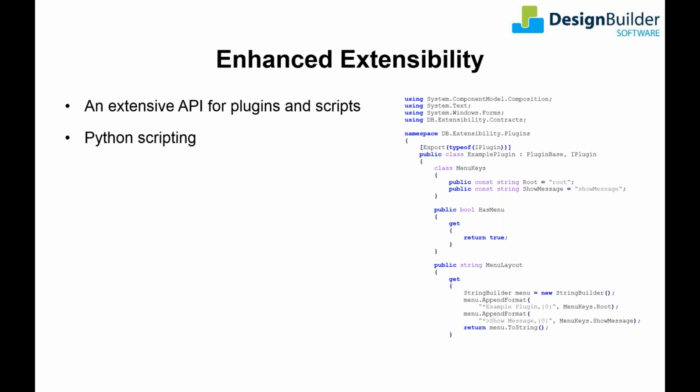Normally, you would consider using plugins for larger applications where a number of source files are needed, and it would be more appropriate to compile source code to DLL form, or where you need to be able to update the DesignBuilder user interface to offer new menu options to act on specific user commands such as run special calculation X or update model for code requirements Y. Scripts, on the other hand, are more appropriate when code is simpler and only needs to be called at one of the pre-defined program hook points, such as before or after simulation.